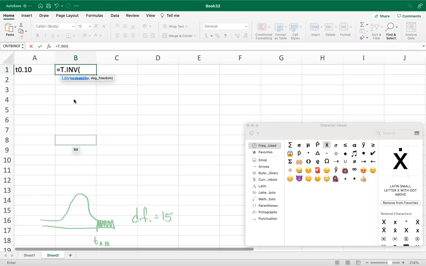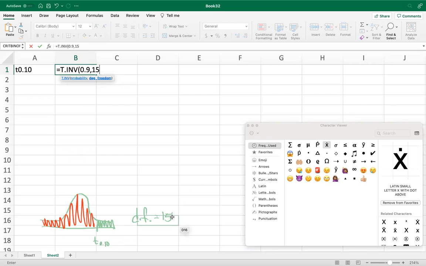Here the probability to the right is 0.10, but the data that we're looking at is all the area to the left. So we're going to look at this right area right here. So the probability is going to be 0.9 instead of 0.1, and degrees of freedom is 15.